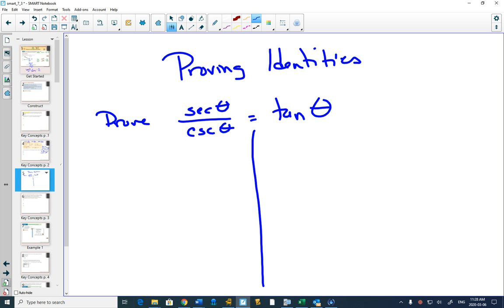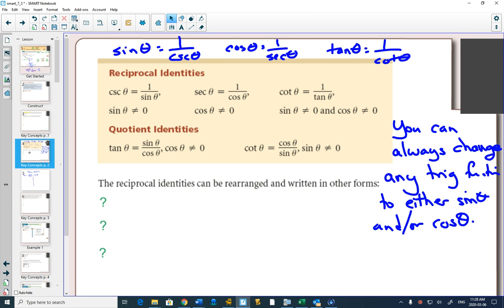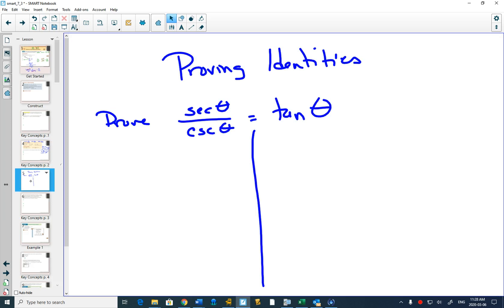And one of the main strategies that we're going to use at the beginning is what we wrote over here. You can always change any trig function to either sine theta and or cos theta. So when I look at my equation here on the left side, what could I change secant to? I could change it to 1 over cos theta.